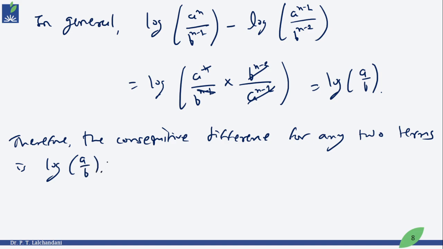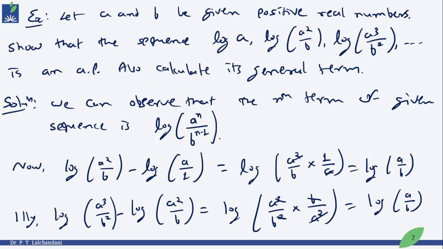Now we know that if the consecutive difference between any two terms remains the same, then that sequence must be an arithmetic progression. Therefore, the given progression is an arithmetic progression, and this is your answer. Very simple example, that is.